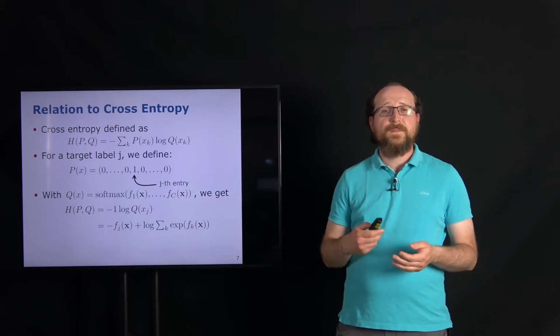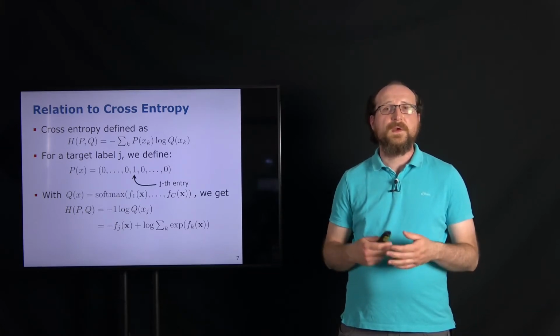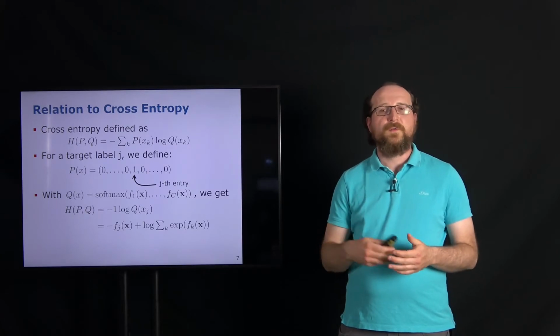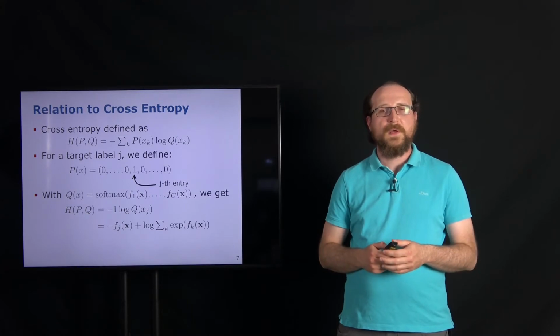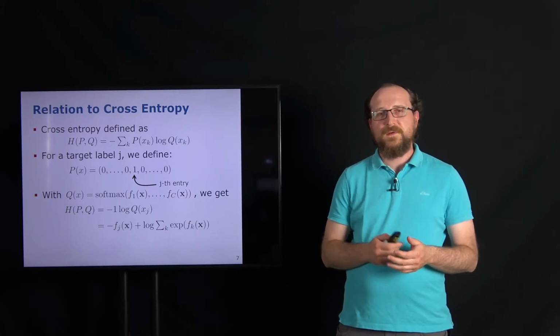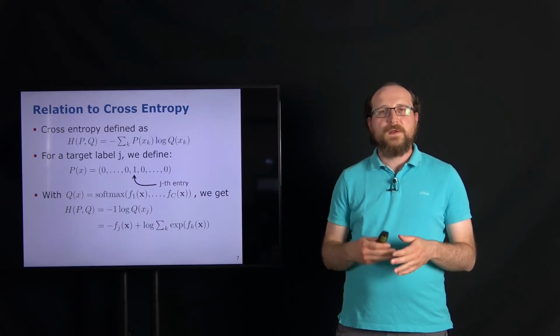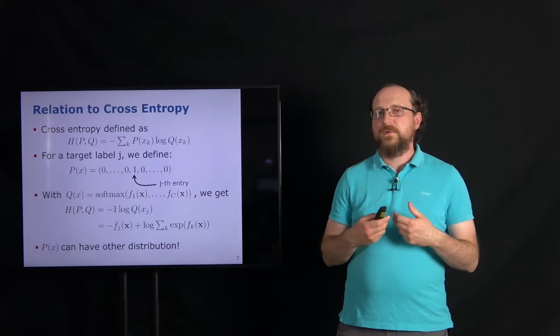And then, as it turns out, this gives exactly the same expression that we had by using the negative log likelihood on the softmax function. And so therefore you see here the relation to the cross entropy. Where it gets interesting is when we are not using just a 1 at a specific position in this P, but we can use also other distributions.